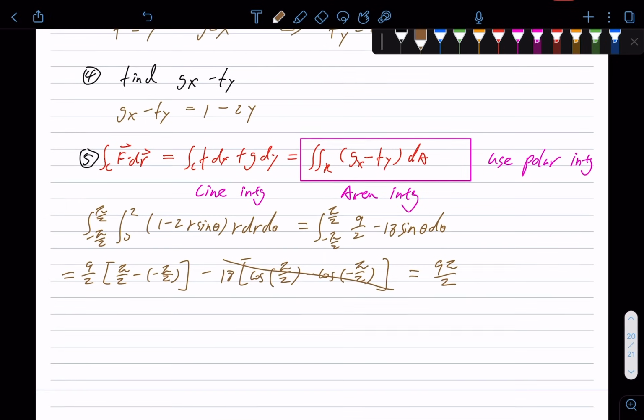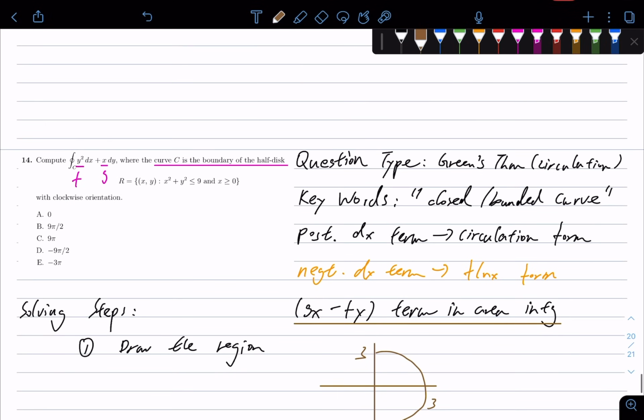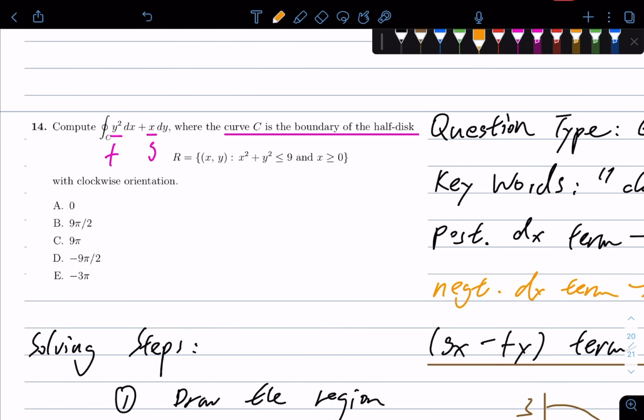Okay, and then one last thing to mention, right? Note that we are going to use a clockwise orientation. For normal parameterization of a circle, we always follow the counterclockwise orientation. So this is not a normal orientation.